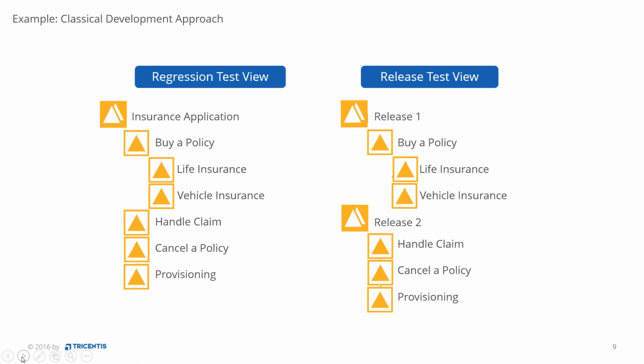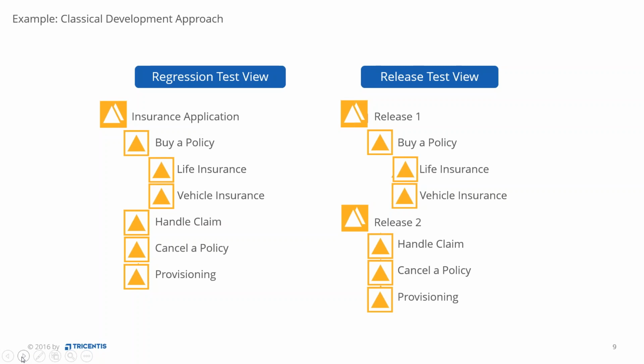You can structure this so you'd have a requirement set for the overall application and a requirement set for each release, and then the requirements for each of those requirement sets would be structured underneath.